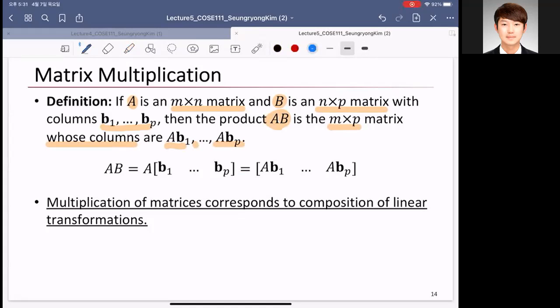So we can represent AB as matrix A times B1, B2, BP, which is A times B1, A times B2, A times BP.